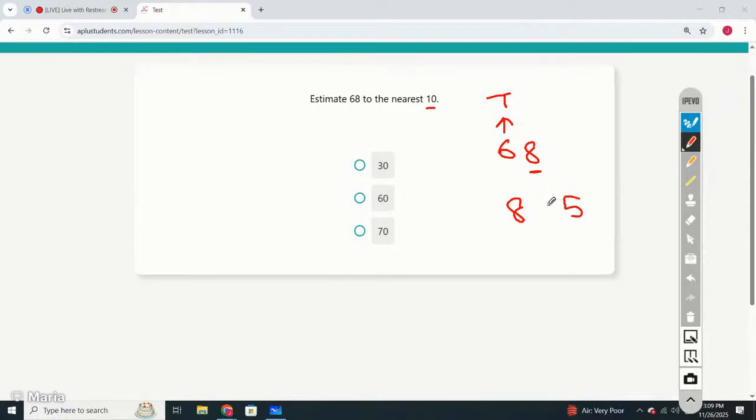Compare the 8 to 5. 8 is greater than 5. That means you need to round up. Round up means add 1 to the tens digit. 6 plus 1 is 7, and replace the other digit with 0. So it would be rounded to 70.